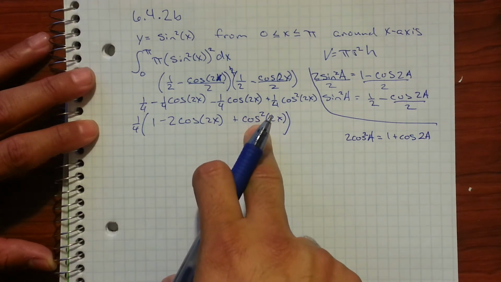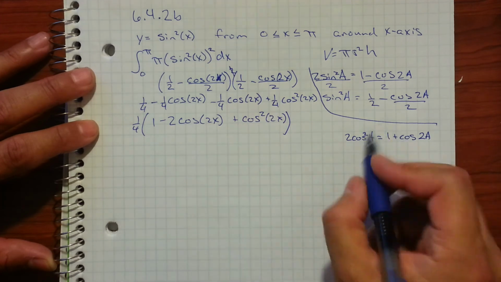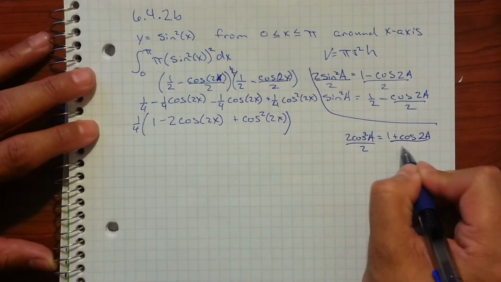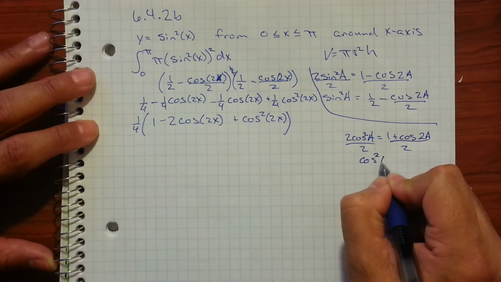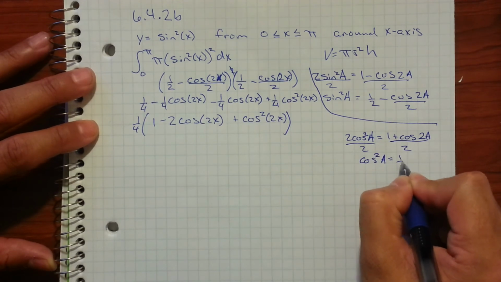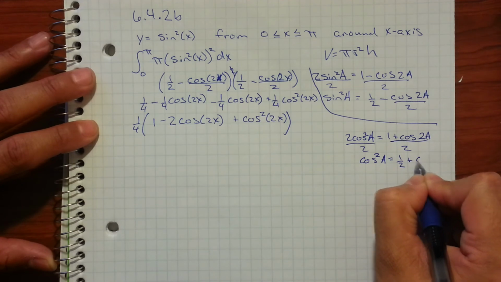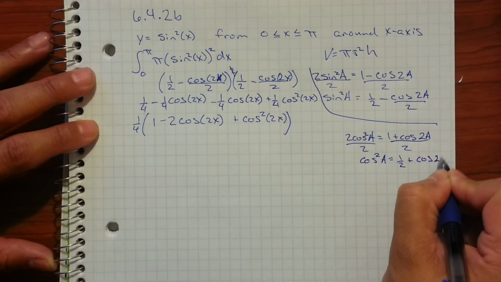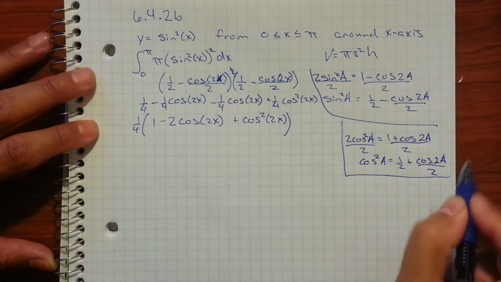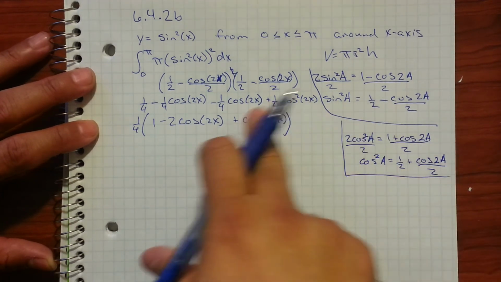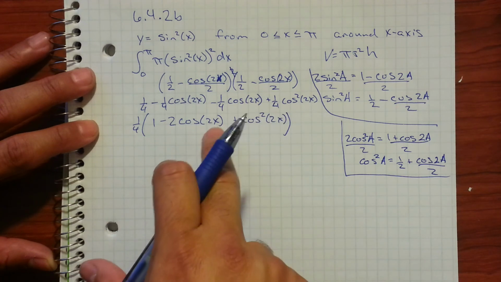If you notice, there's not a 2 there, so I have to divide by 2 to make it match. So I get cosine squared A is equal to 1/2 plus cosine 2A over 2. So this is what I had to do here, so I could actually substitute here.